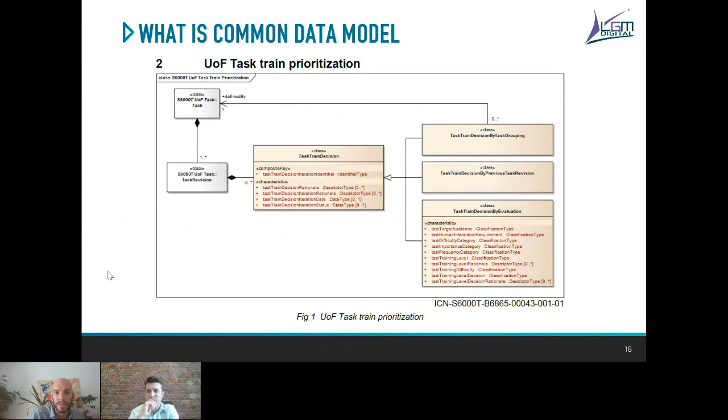This unit of functionality is a kind of breakdown of the complete data model. For example, for the S6000T, we actually have 30 UF, and maybe more when the specification is complete.